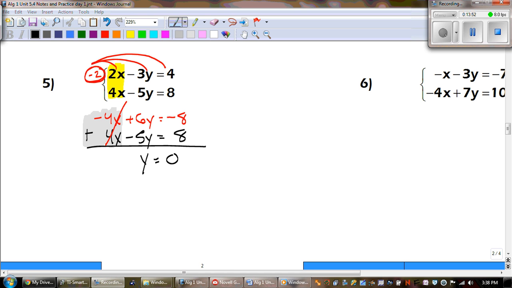Okay, so I multiplied by -2 because -2 times 2 is -4x, and -4x plus 4x, they cancel. Now don't forget that you have to distribute to everything. When you're combining, 6y minus 5y is y, and -8 plus 8 is 0.